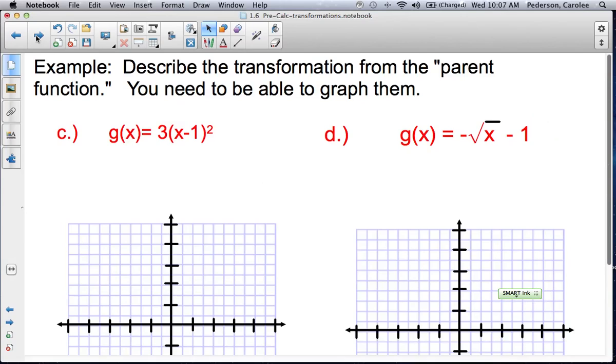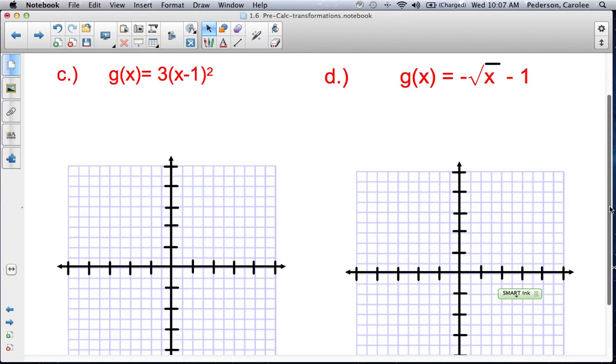Next example, question C. 2 things are happening. Again, let's not write this one down. What's happening with the 3 in front? In front of the function. Vertical stretch by 3. And what's the -1 inside doing? Horizontal, right. Anything inside you have to think opposite.